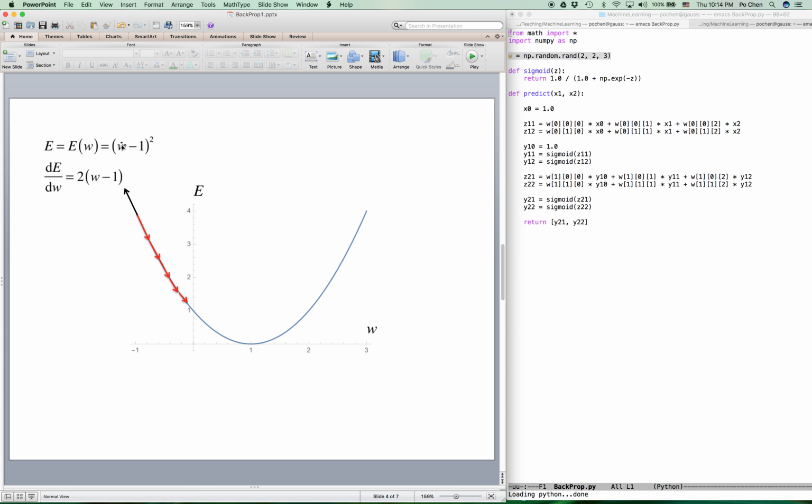But if W equals anything that's not 1, then E is going to be larger than 0, right? And for this very simple relation, we can compute the derivative of E with respect to W very simply, right? So dE/dW equals just 2 times (W minus 1), right? So that's the derivative. For this very simple relation, the derivative can be computed very easily, right?